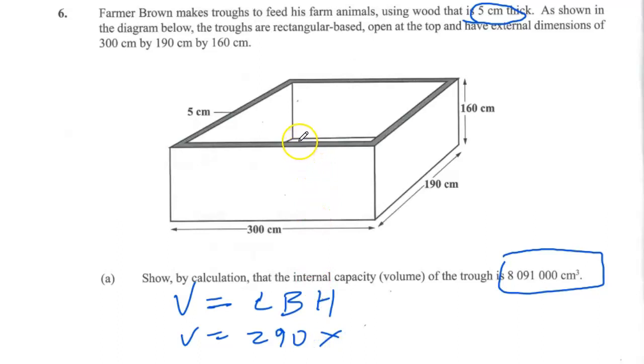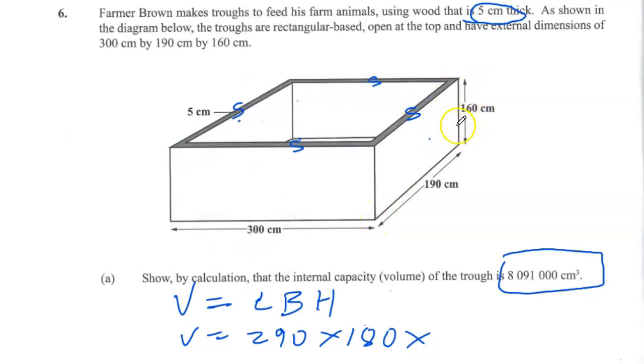Why 10? Here 5 centimeters will be lost, and here 5 centimeters will be lost, so 10 centimeters will be lost. Here the same thing, the distance from this end to this end: 5 centimeters will be lost due to the thickness, and 5 will be lost. So the internal width from face to face would be 180. And then of course the height: 5 centimeters will be lost from the 160.